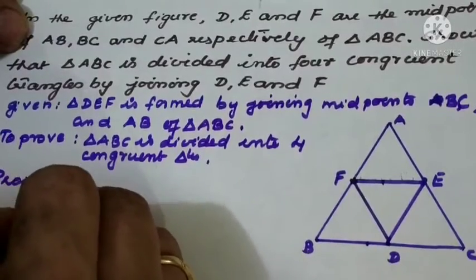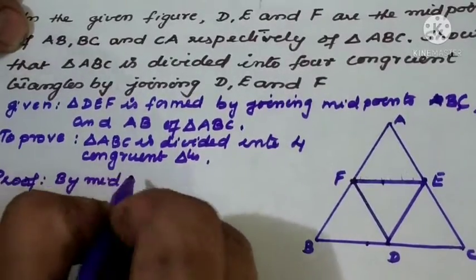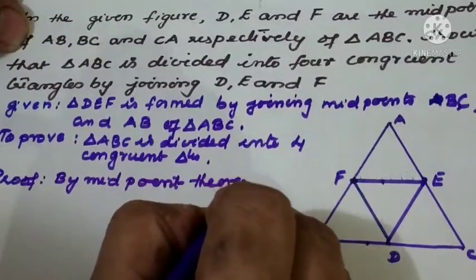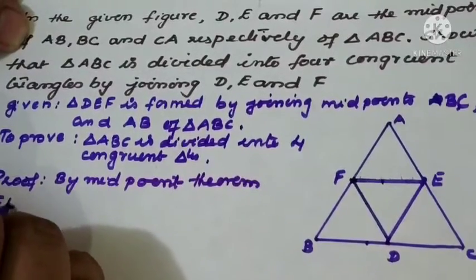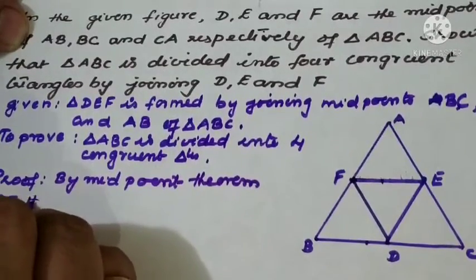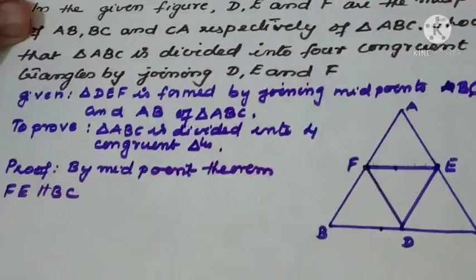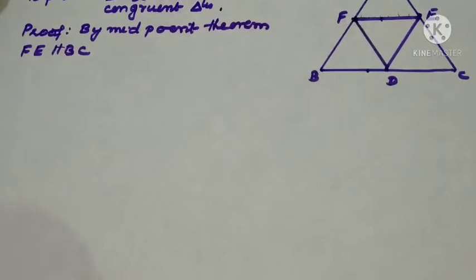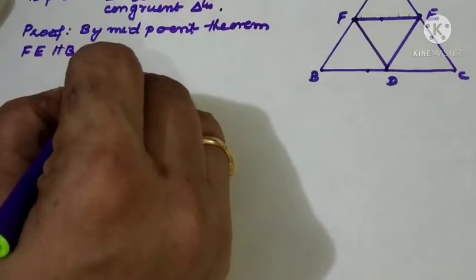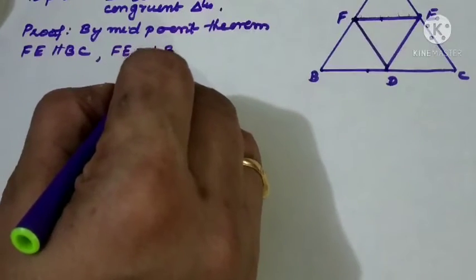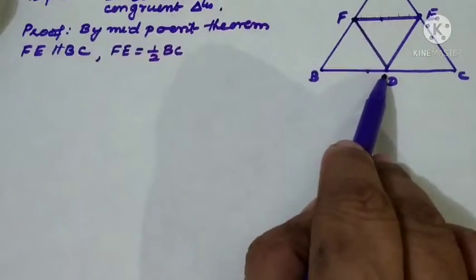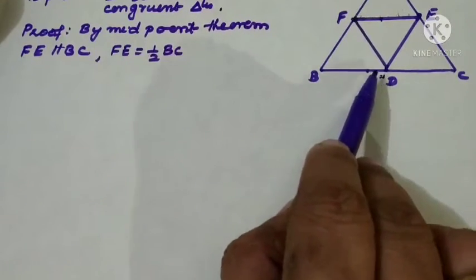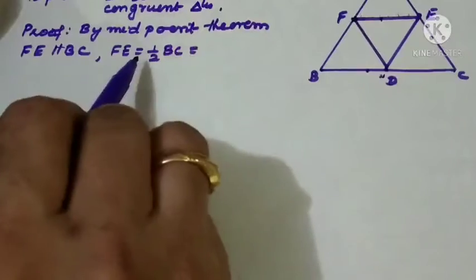By midpoint theorem, FE parallel to BC. Now FE equal to half BC. Half BC means either BD or DC is possible. We require BD here, so it is equal to BD.